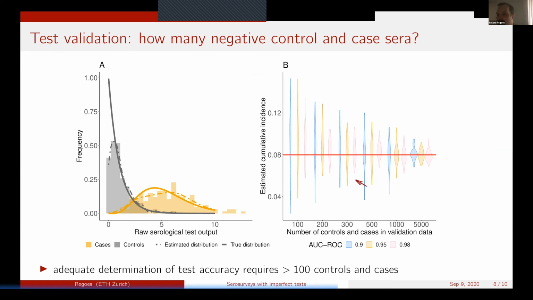This is what some people do, but I've also seen groups that just use dozens. And the interesting thing about this is not about making the test more accurate. This is about getting very precise estimates of how accurate your test is. So just that makes the epidemiological inference better.